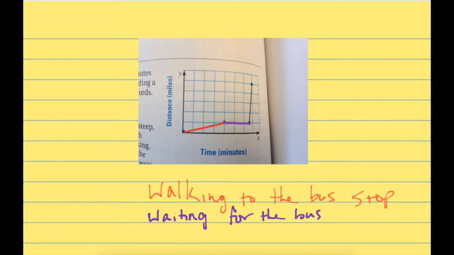Then we see that her distance changes a lot more drastically over the last interval. Her distance changes really quickly. And so we can assume that this is where she is riding the bus, which is the logical outcome after she's walked to the bus stop and waited for the bus. And so that's our scenario.